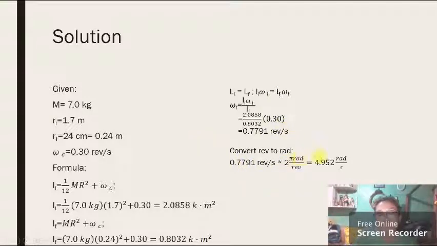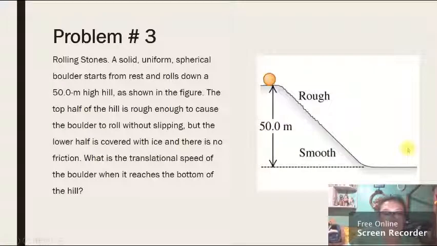So here the answer is 4.952 rad per second. I think we don't need to convert it also. So we have this answer, a final answer, 0.7791 rev per second.